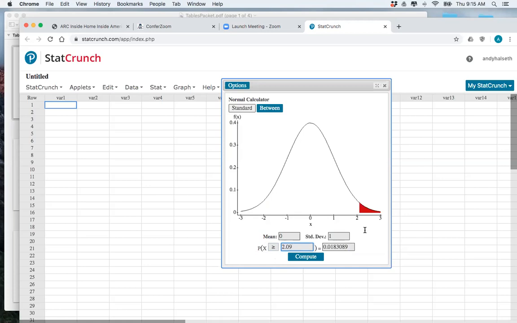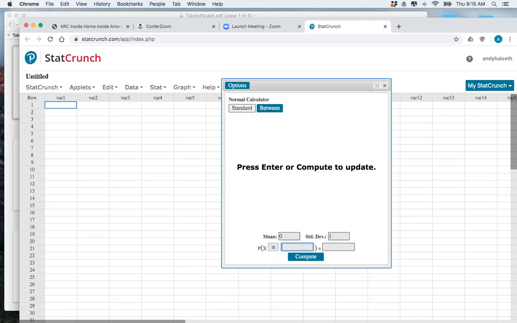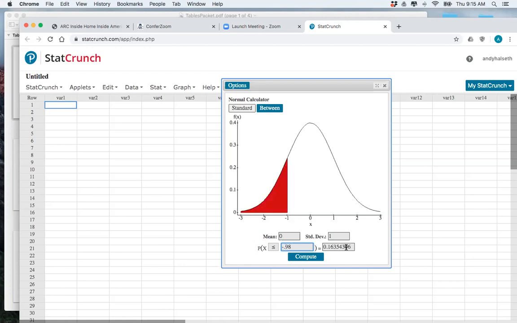For a two-tailed test, I'm still going to do that times 2 thing. So I get the 1 tail, right?